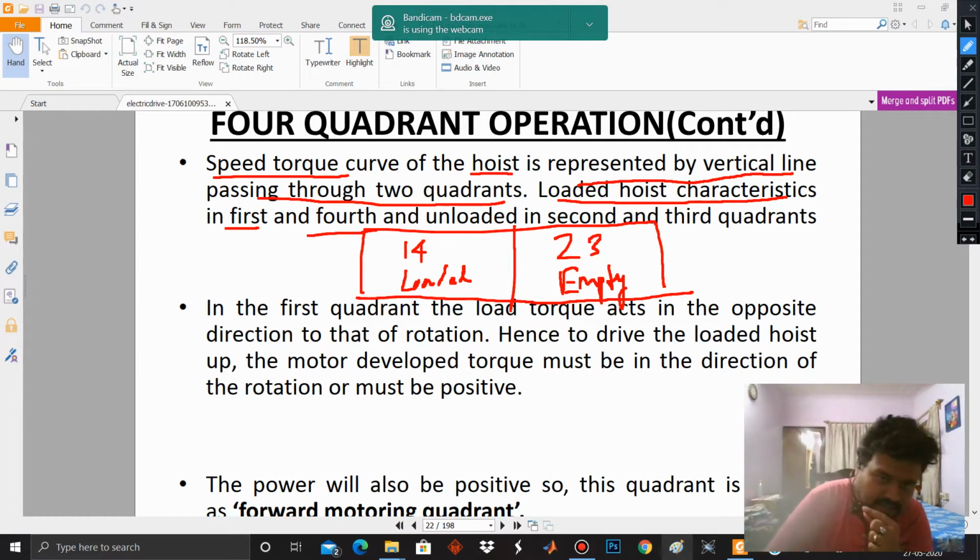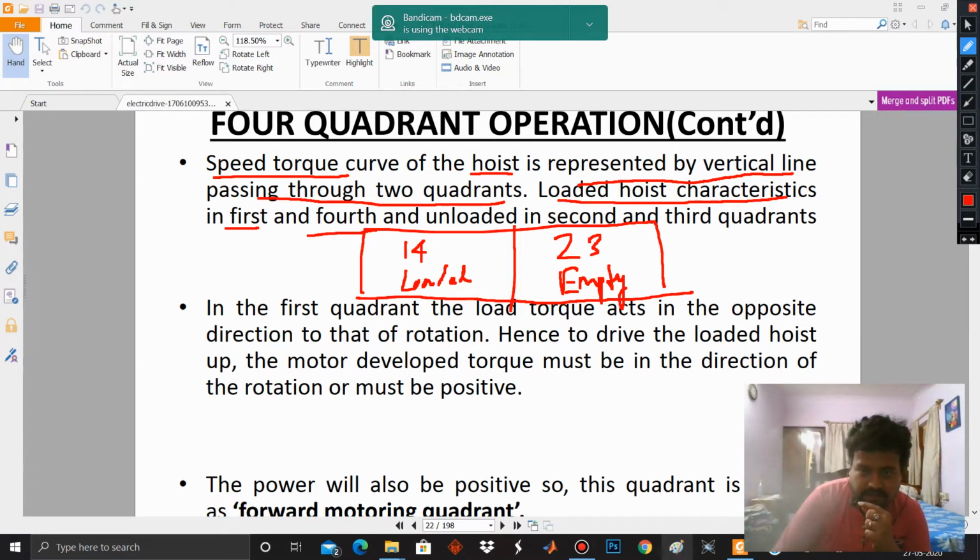So in the first and the fourth quadrant the pan is loaded, and in the second and third quadrant it is empty. So the speed torque curve of the hoist is represented by a vertical line passing through the two quadrants, with the loaded hoist characteristics in the first and fourth quadrant and the unloaded in the second and third quadrants.